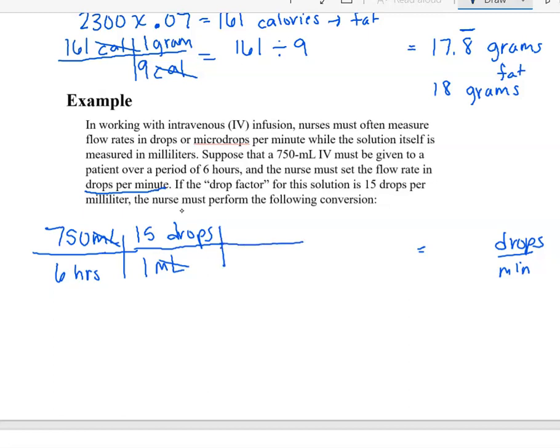Now hours needs to be converted to minutes, and we need to put the 60 on the bottom, 60 minutes in 1 hour, which is going to get our hours to cancel out. Now we have drops per minute, so we need to do 750 times 15 on the top, and on the bottom we need to do 6 times 60, and then we need to divide those two.